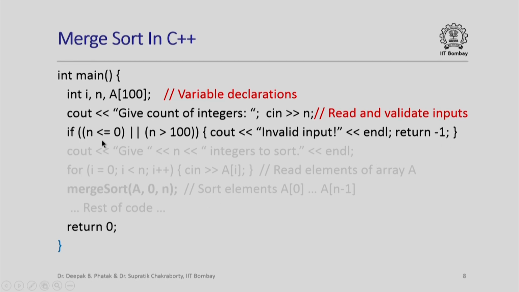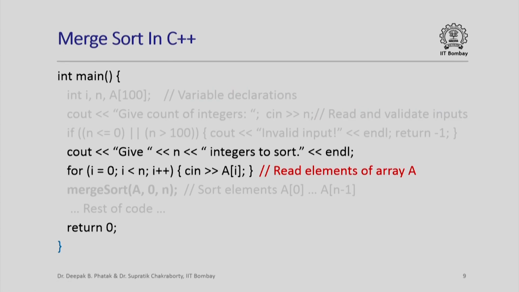Note that if the main function had executed as expected, I would have returned 0. Here there was an unexpected execution because of invalid input, so I returned -1. So the caller of the main function, which is the operating system in this case, can figure out from this returned value whether something unexpected happened or not inside the function main.